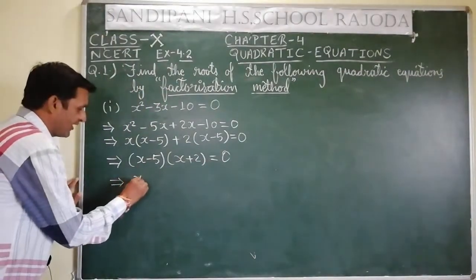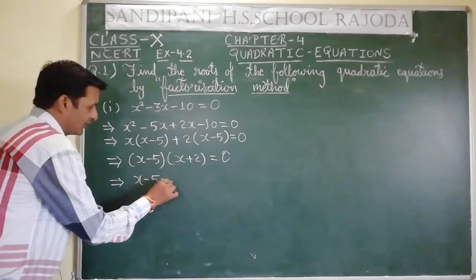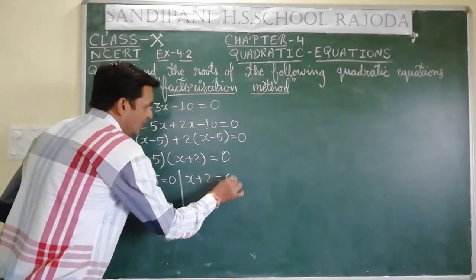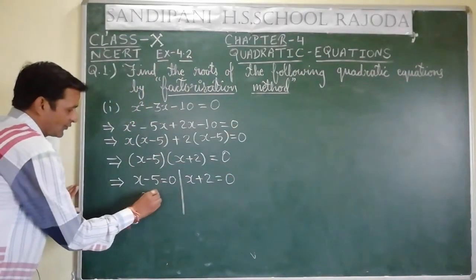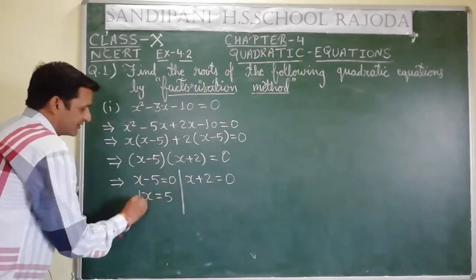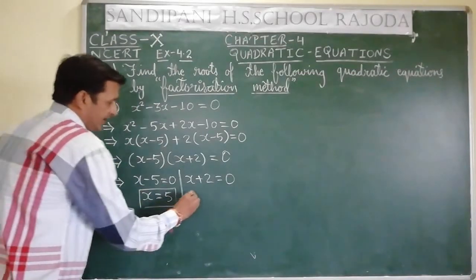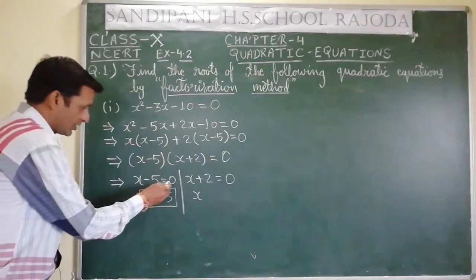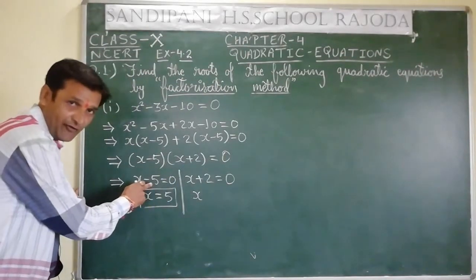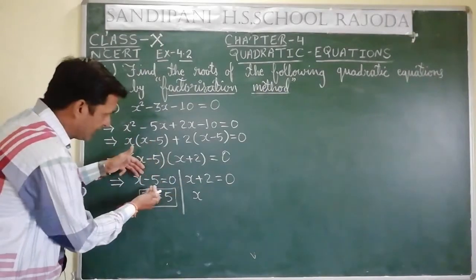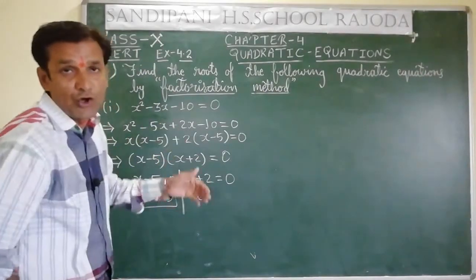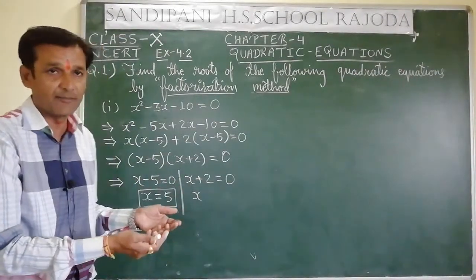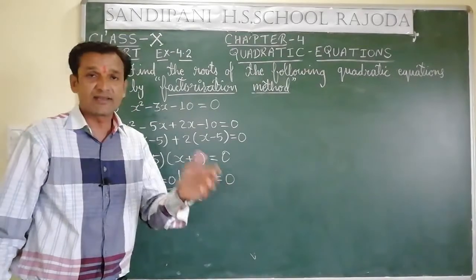So either x minus 5 is equal to 0, or x plus 2 is equal to 0. If x minus 5 is equal to 0, it means x is equal to 5, this is our first root. Because if we transpose this negative 5 from LHS to RHS, it will become positive 5, because I have told you already that if we transpose a term from LHS to RHS, its sign will be changed.